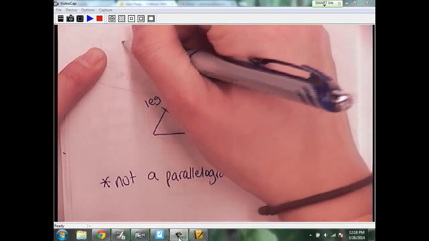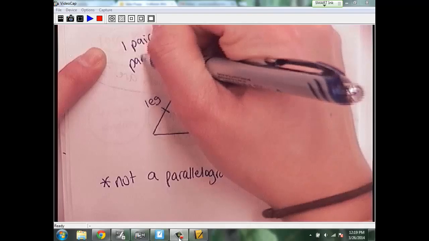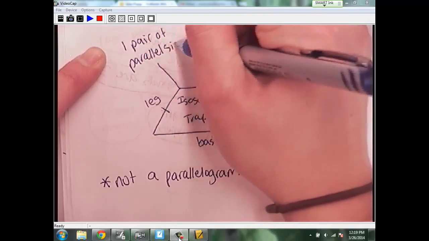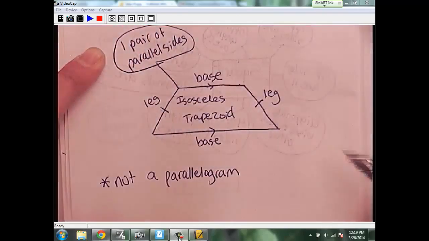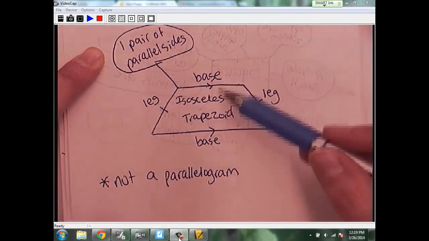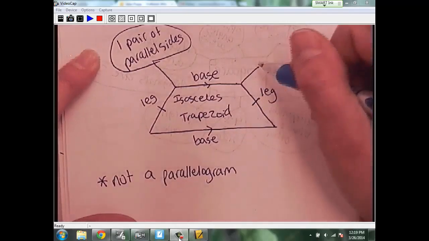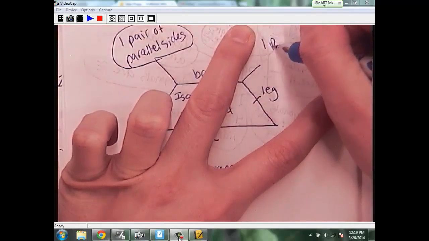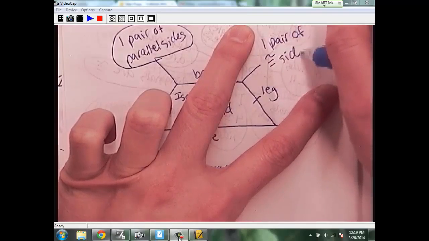There is one pair of parallel sides. This is my pair of parallel sides. And there's also one and only one pair of congruent sides.